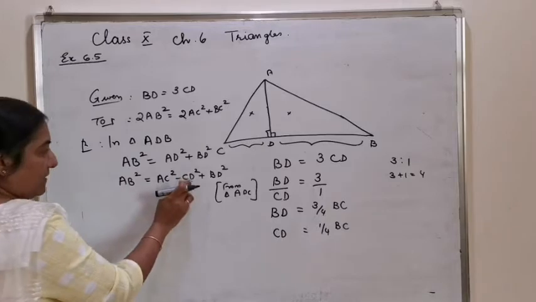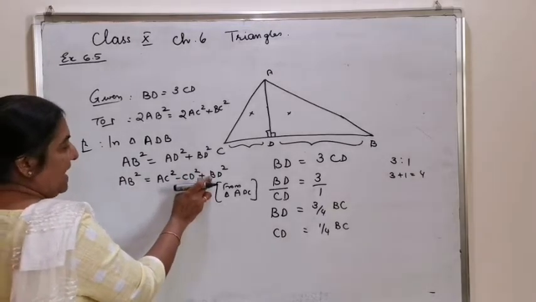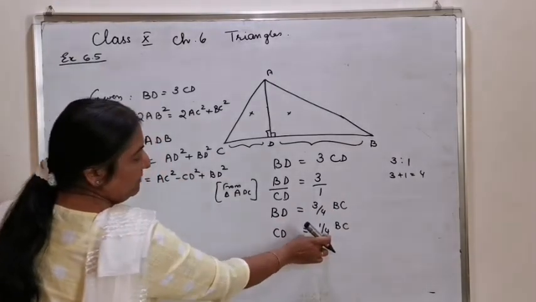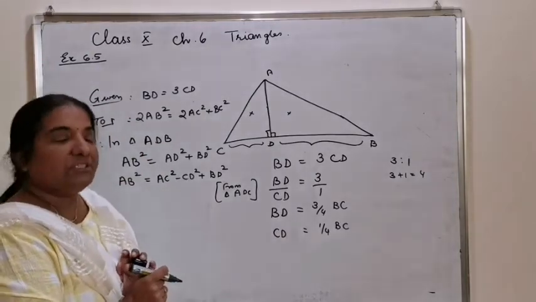And now replace the value of CD and BD with 1/4 BC and 3/4 BC.